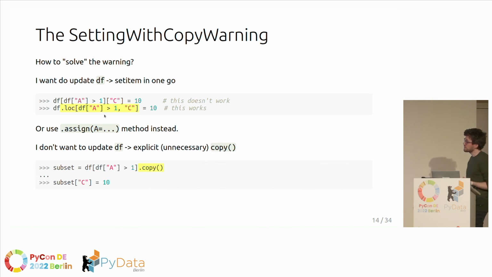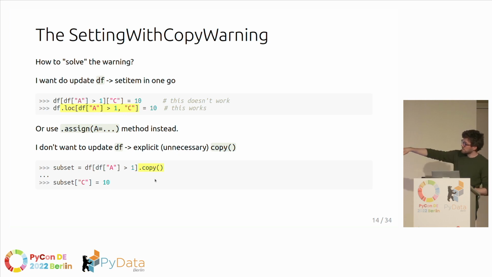In many cases, you're actually creating a subset by filtering your data frame, and you don't care whether the original data frame might or might not be updated. You just want to work further with your subset. And in that case, if you want to get rid of the warning, you could do a filter warning and just hide all the warnings. But the typical thing that people do is add a copy. And then you also don't get a warning if you mutate this subset.